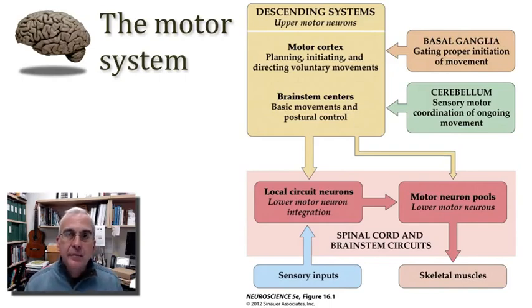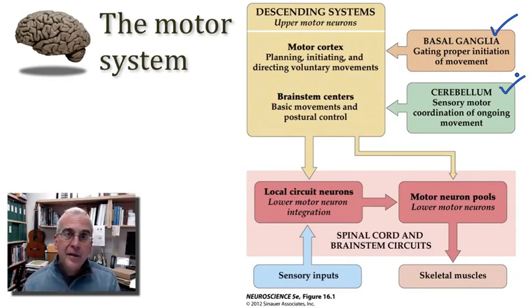Okay, lastly, as we continue to provide a broad overview of our motor systems, I want to talk about these structures that we find over here on the right-hand side of this figure, the basal ganglia and the cerebellum. Now, the basal ganglia and the cerebellum are not considered to be upper motor neuronal systems. You might wonder why. Neither the basal ganglia nor the cerebellum connect to muscle, so that might qualify them to be called upper motor neurons.